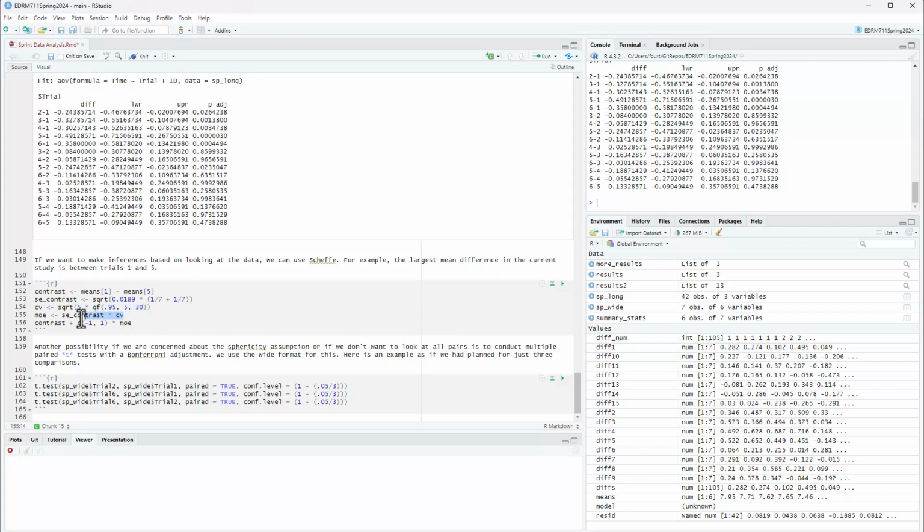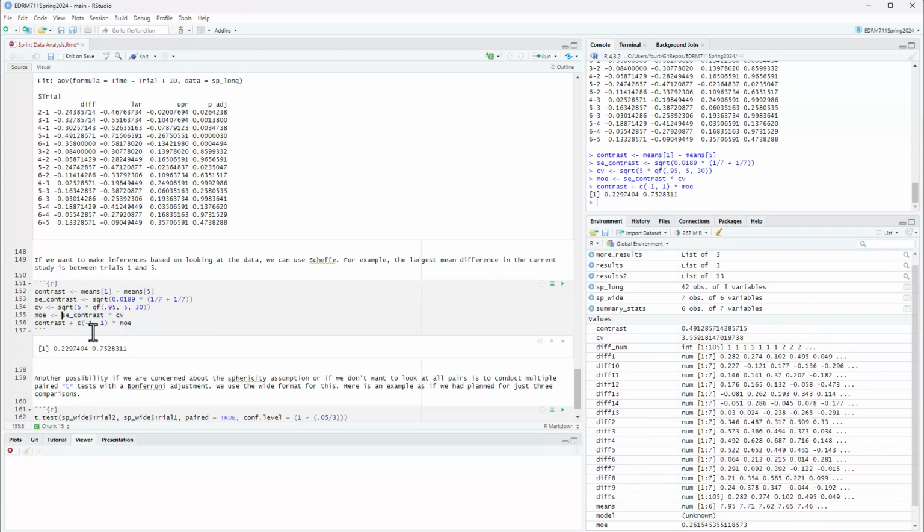Multiplying standard error of contrast by critical value gives me μ, and then adding and subtracting μ from the contrast gives me my interval, and there's my interval from 0.22 or 0.23 to 0.75.